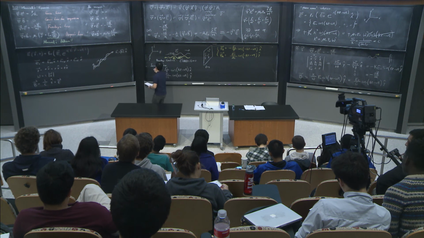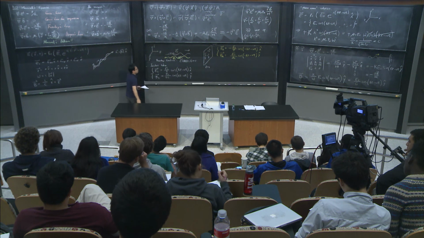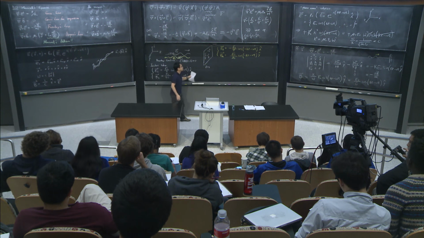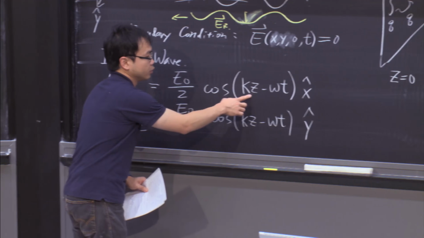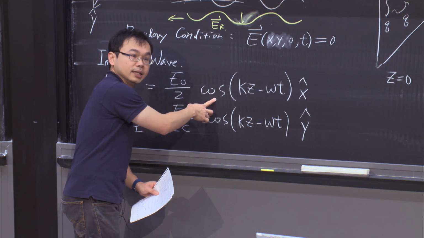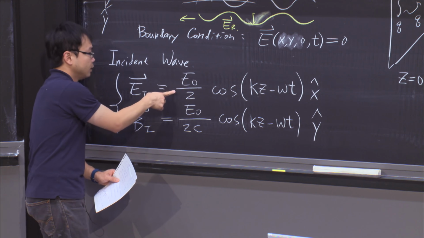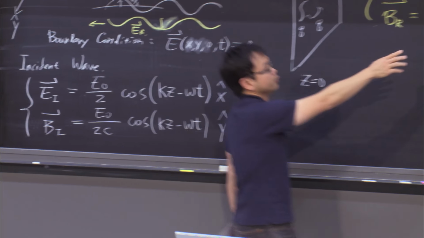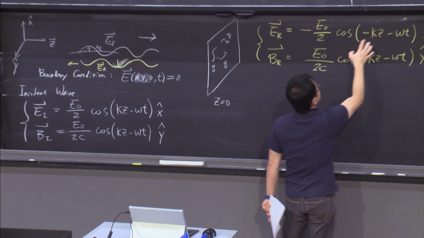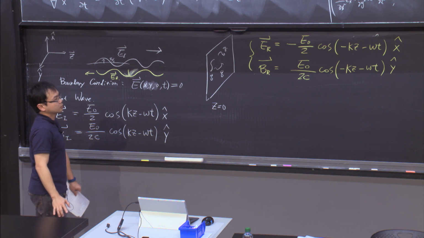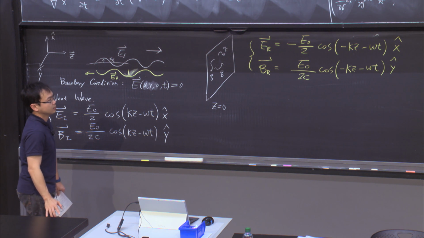So now I would like to check the magnitude of the electric field at z equal to 0. At z equal to 0, you have something proportional to cosine minus omega t for the incident wave, and the magnitude is E0 over 2. And for the reflected wave at z equal to 0, you get minus E0 over 2 cosine minus omega t, right?